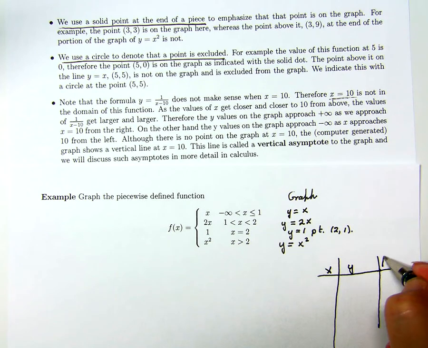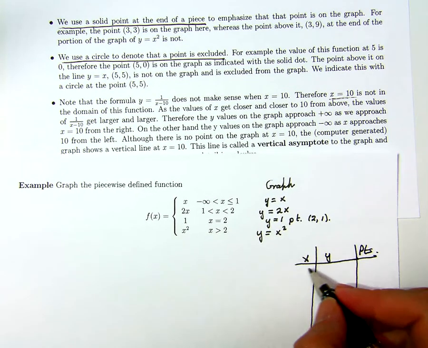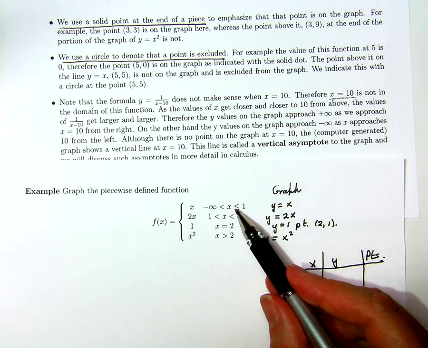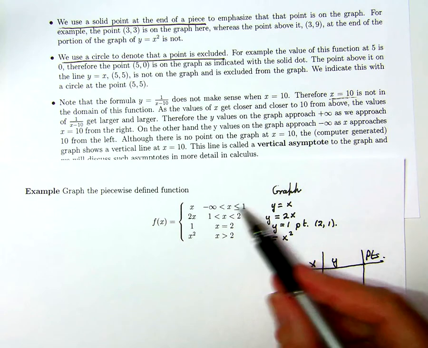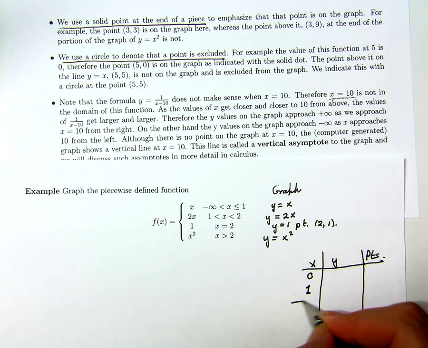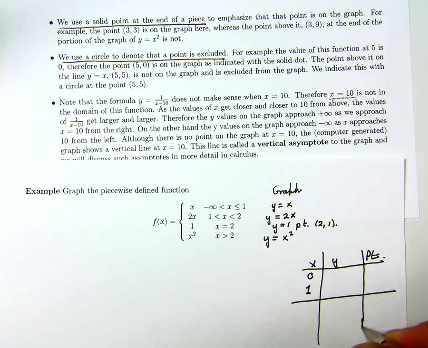And so let's use our join the dots method here to find a few points. Well, it's the graph of y equals x for all x less than or equal to 1. So let's look at the points x equals 0, x equals 1 to get 2 points on this line.